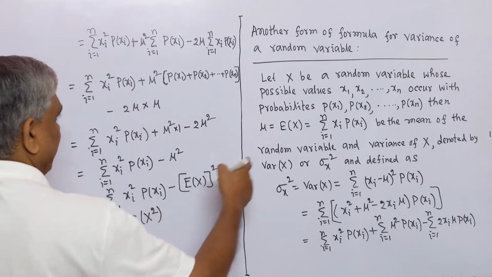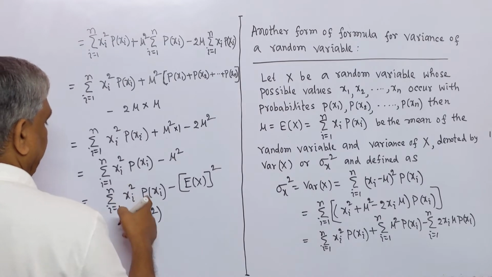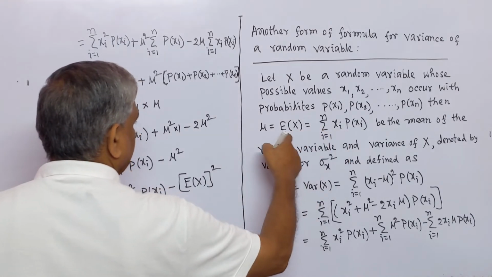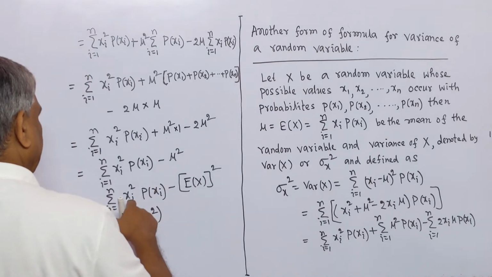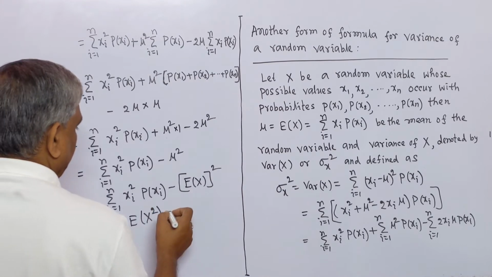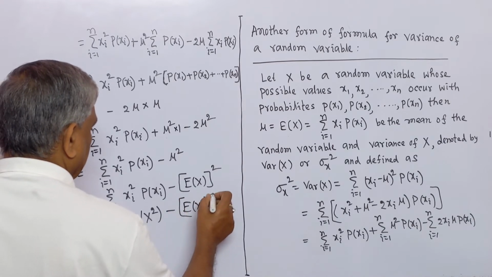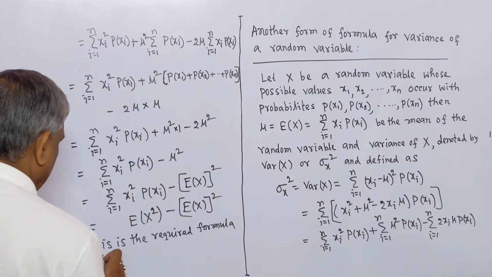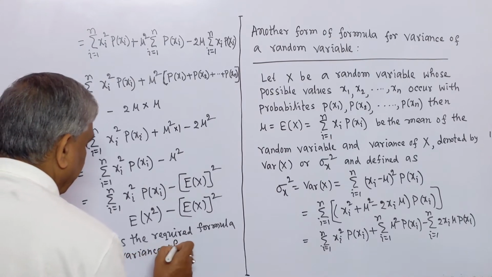We see that in place of xi, here we have xi square and pxi is same, and for this we write E. So here we write for X square, E(capital X square) minus (E(X)) whole square, and this is the required formula for variance of a random variable.